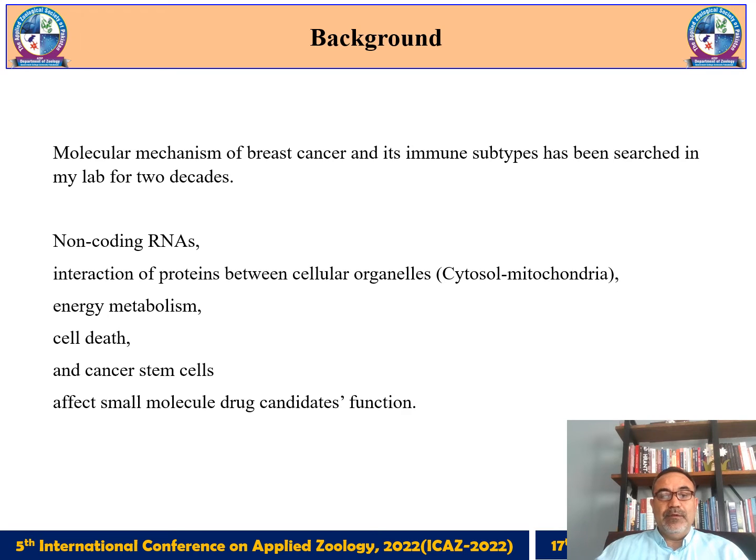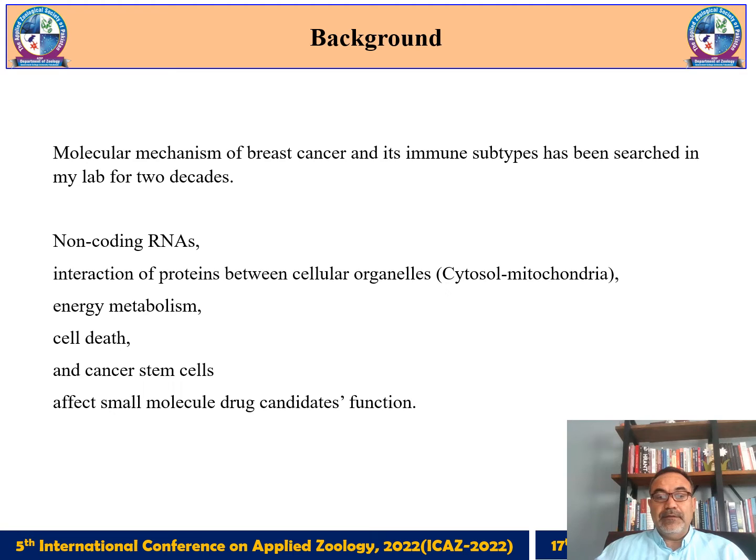So what we design is inducing some key TCA cycle intermediates and blocking glycolysis. All of this will drive the cells to cell death through apoptosis and through senescence.